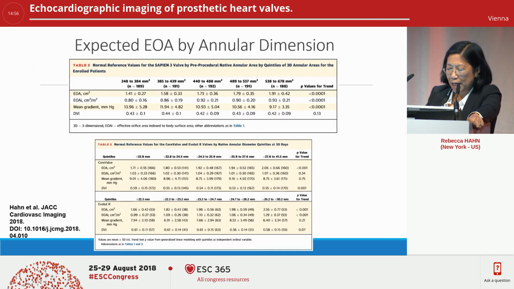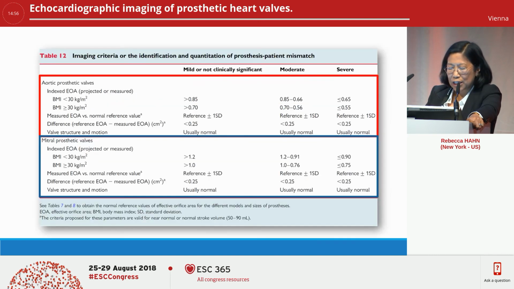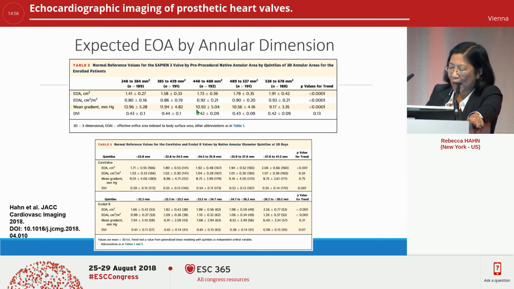Prosthesis patient mismatch, a big issue. The guidelines tell you the cutoffs for both mitral and aortic prostheses. So greater than 1.2 is normal for mitral, greater than 0.85 for aortic. Again, in the transcatheter aortic valve paper, we've actually given you the expected valve areas for the annular size. So unlike a surgical valve where you just expand the annulus to fit the surgical sewing ring, we can't do that in the transcatheter valves.